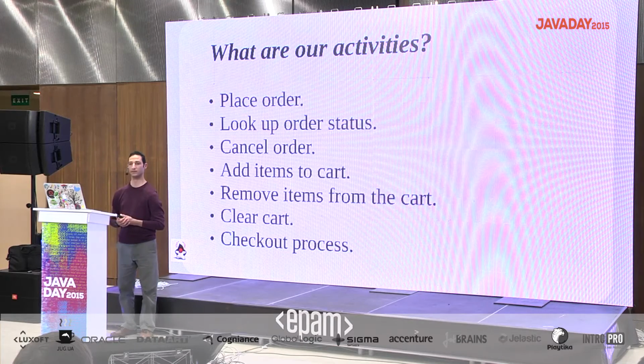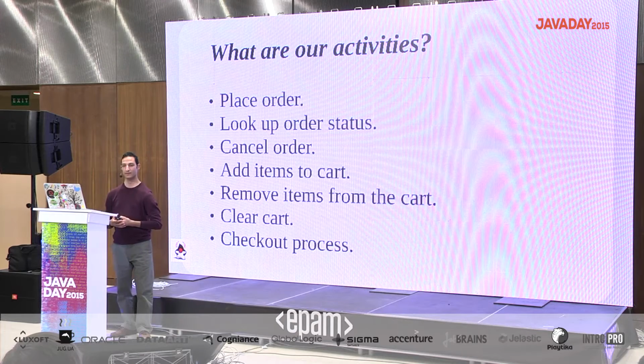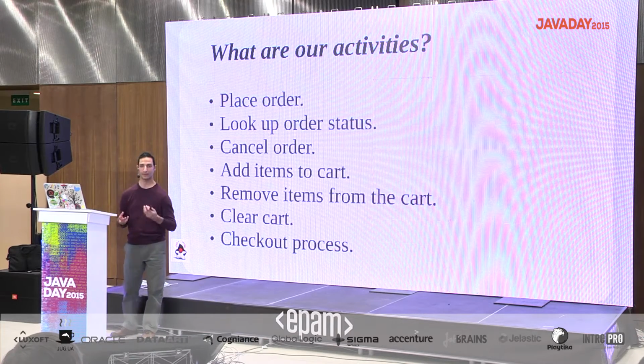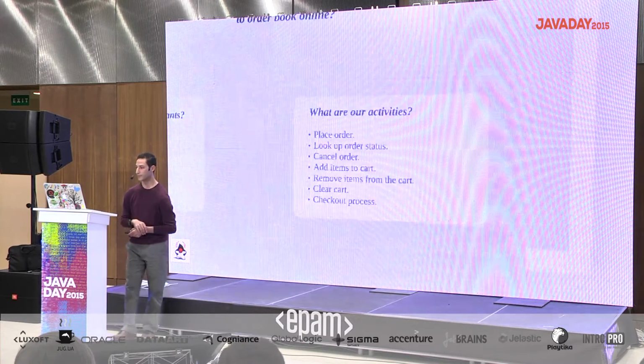Look up an order status: customer and customer support, right? Cancel an order, accomplished by both customer and customer support. Adding an item to cart, customer. Remove an item from cart, customer. Clear cart, customer. Checkout process, customer. So this is our process and activities that are going to be accomplished by our participants.